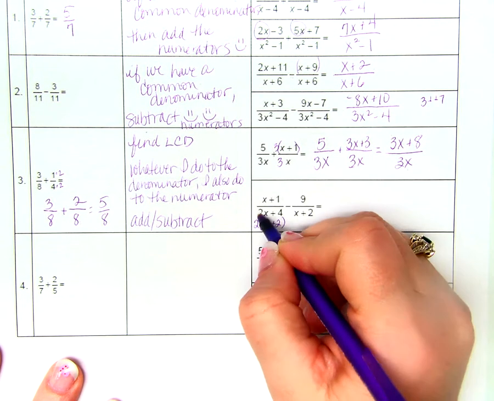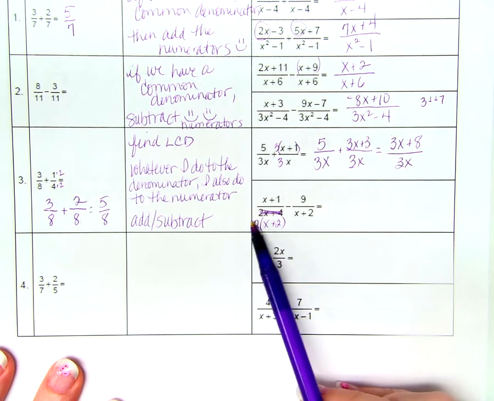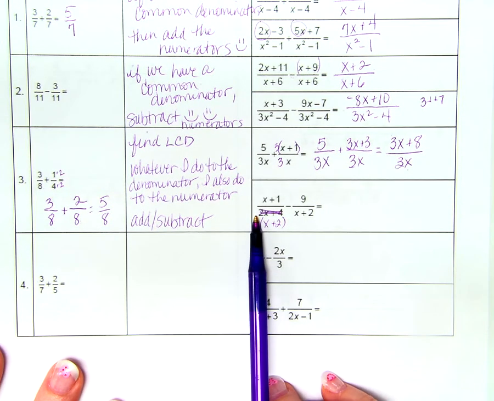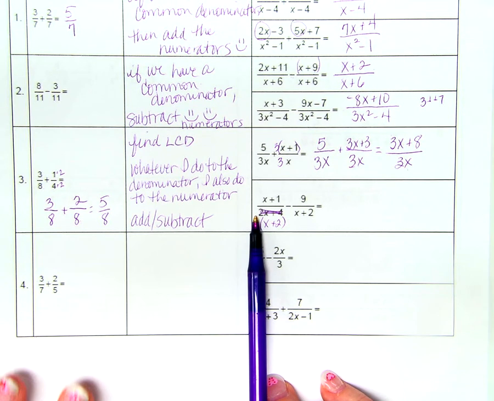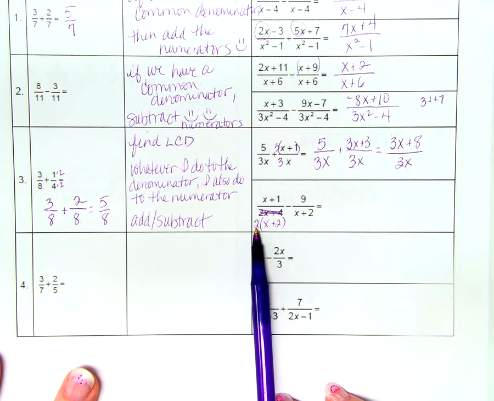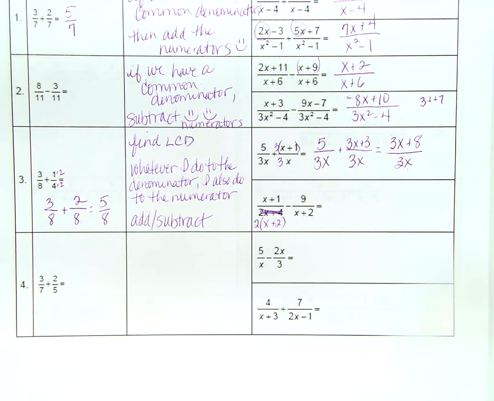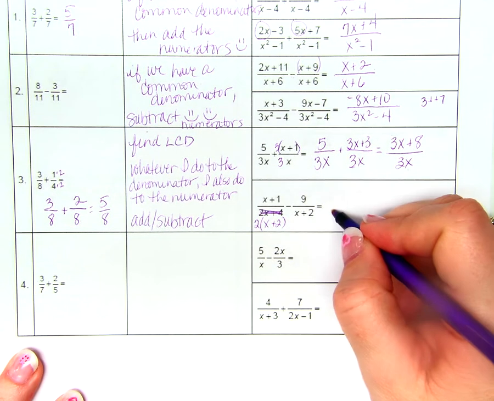X plus 2. Now, something that I've seen is that if you factor out the 2, you're not writing it. It's just like disappearing. That's scary when numbers just disappear. Okay? We don't want numbers to disappear. So even if I just factor out a 2, I still write it. It's still part of that number. Okay? So I'm going to write myself a pattern.